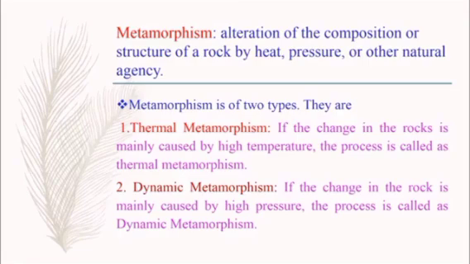So, when the rocks change their shape because of high temperature, it is called thermal metamorphism. Dynamic metamorphism: if the change in the rock is mainly caused by high pressure, the process is called dynamic metamorphism, which means when it is subjected to high pressure, the rocks will get altered.